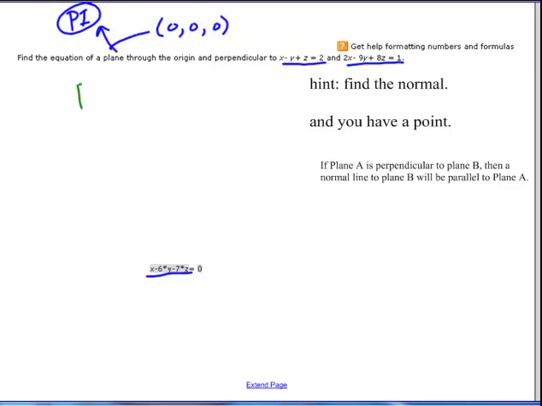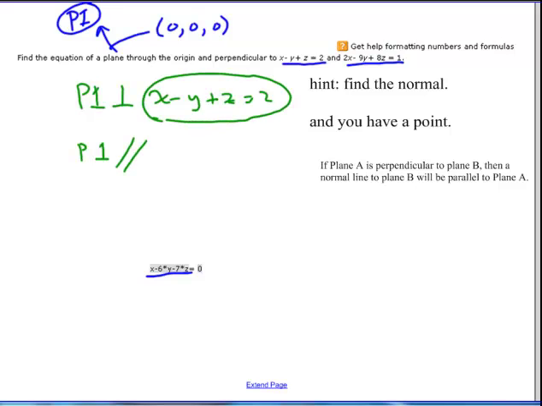So if plane 1 is perpendicular to x minus y plus z equals 2, then plane 1 must be parallel to the normal line to this plane, because the opposite of perpendicularness is being parallel. So plane 1 must be parallel to i minus j plus k.